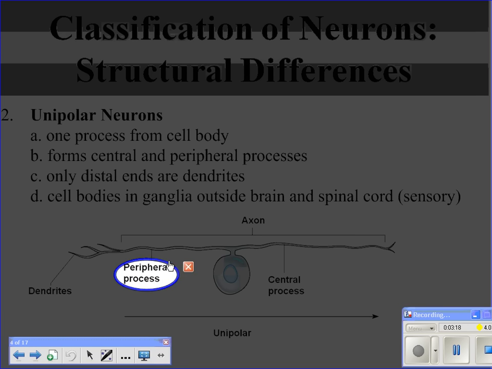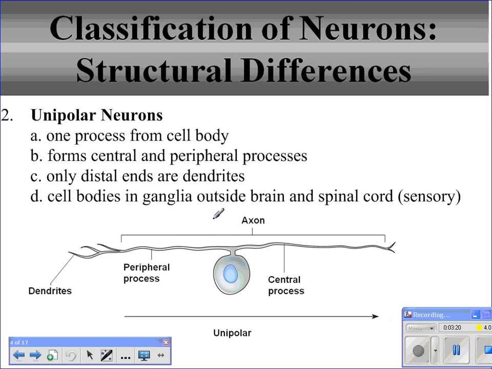And so we're going to receive some information on this part of our neuron. And so that's where the dendrite is. Again, we're going to sense something, some sort of sensory type situation, and that information is going to be carried along the axon in this manner. And then we have the central process, which is going to further carry that information on to the central nervous system.